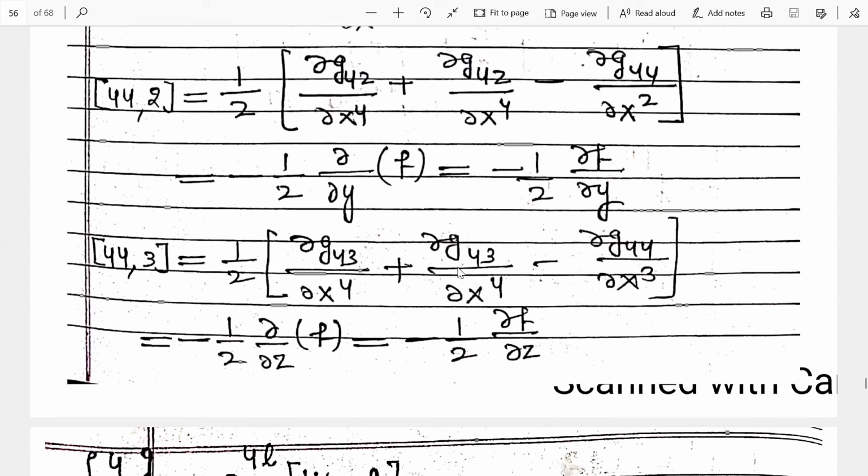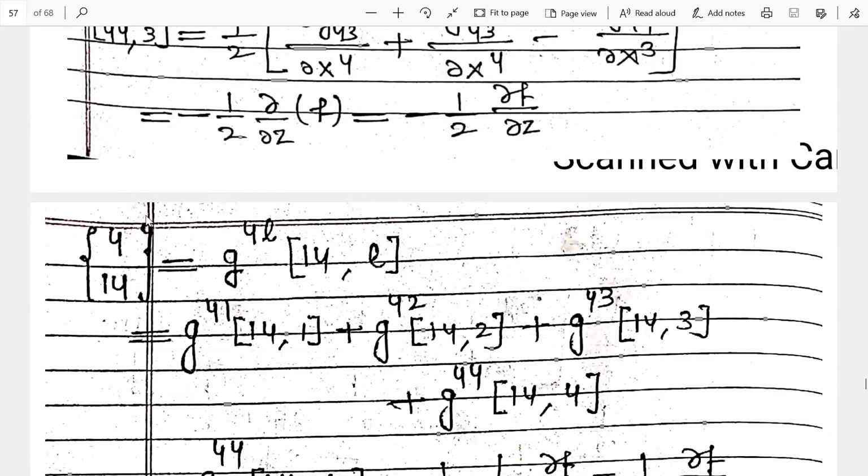So if we need to find those values, then we will find them. Otherwise, next is the symbol of the second kind. Again the formula. So for {14, L}, L is running from 1 to 4. Remember, clear? Now L is running from 1 to 4 because we have 4 variables.